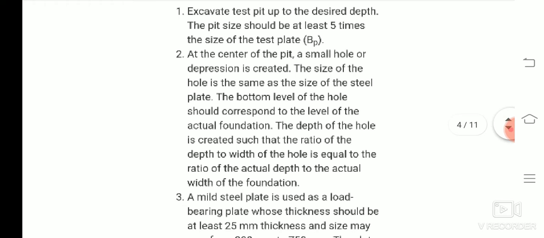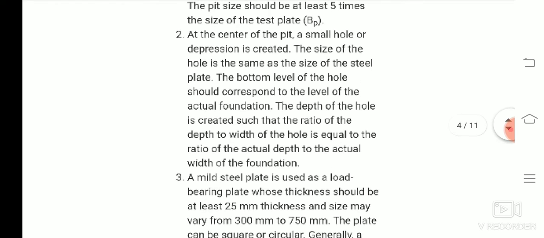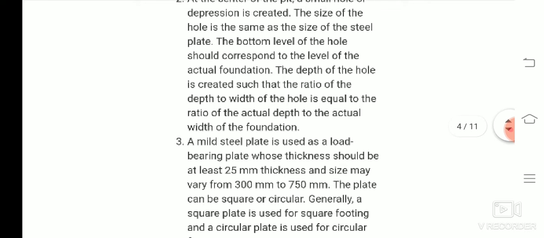The bottom level of the hole should correspond to the level of the actual foundation. The depth of the hole is created so that the ratio of the depth to width of the hole will be equal to the ratio of the actual depth to the actual width of the foundation.